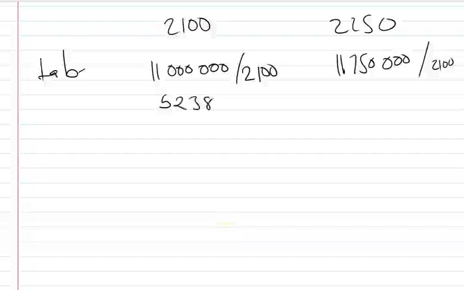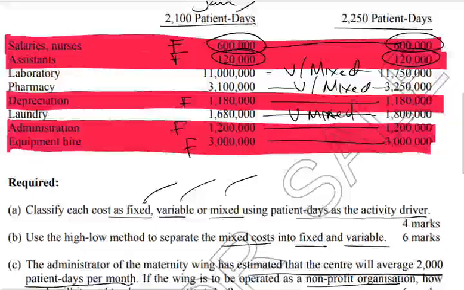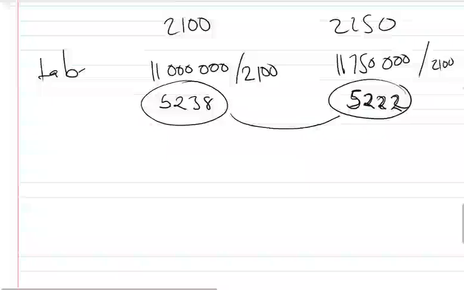Here, I'm finding that it's 11,750 divided by 2.1... Have you seen? They're not the same. Because they're not the same, this one is mixed. If it was variable cost, this item would have been the same. So we have identified that this is mixed.